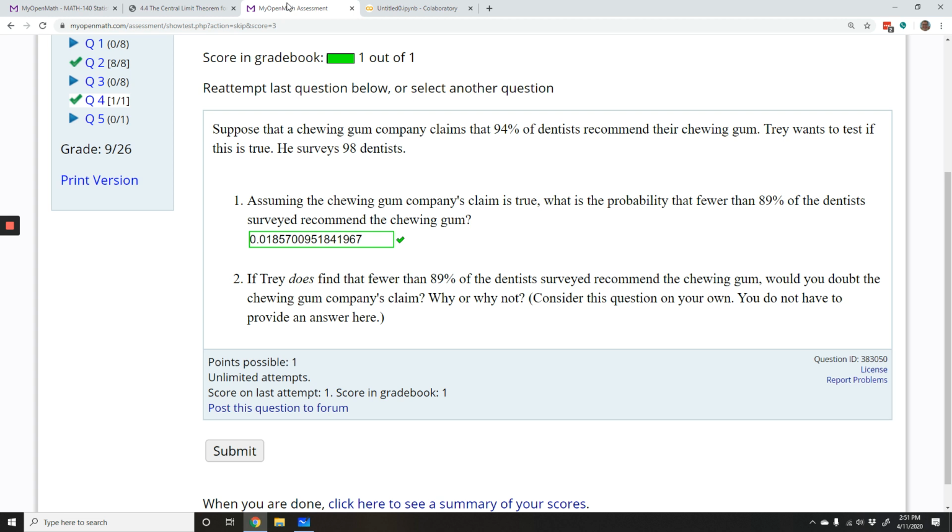So that's what the last part's asking. Look at your result and then decide, gee whiz, does this claim still make sense? Do we still think that this claim is true? Now, at this point, it's a judgment call, but as I said, later on, we will be able to more carefully think about those conclusions and decide them on a more rational basis.